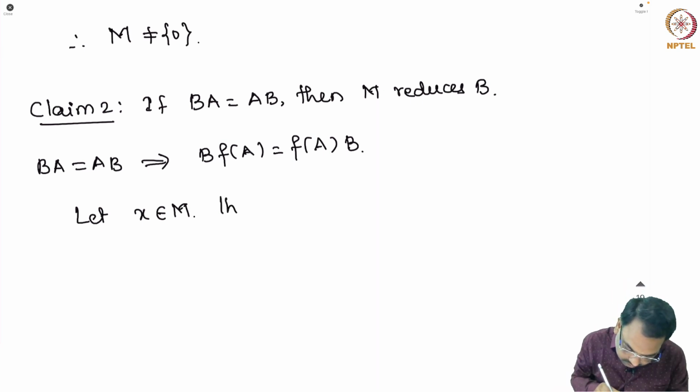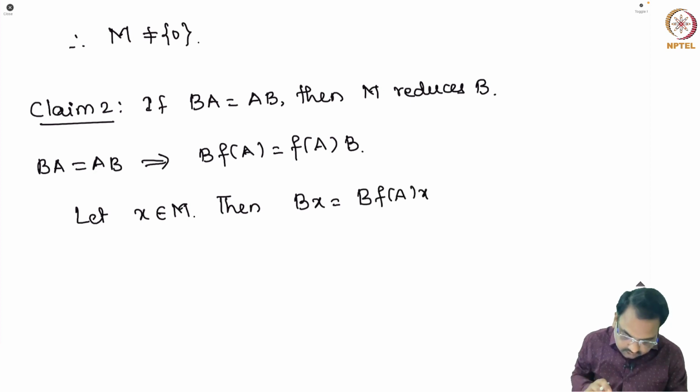Then x is in M means f of A x equal to x. So we want to look at B of x. B of x is nothing but B of f of A x, because x is coming from M. Now this is nothing but f of A into B of x.